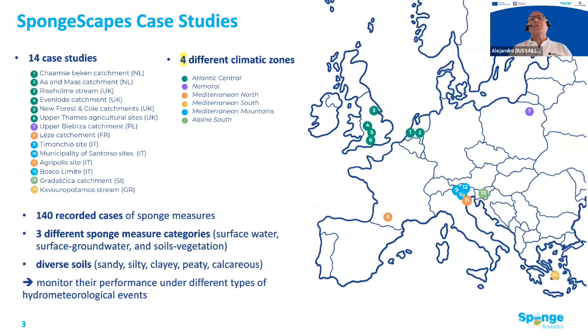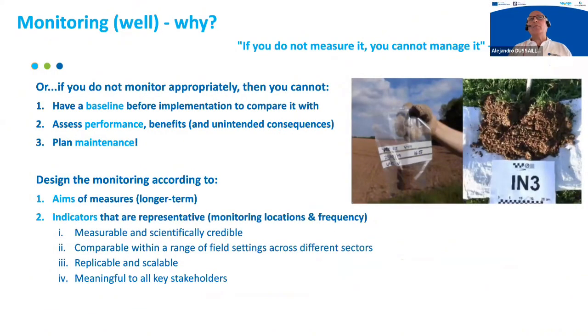And just to remind you, we have 14 case studies across 4 different climatic zones in Europe. And a key aspect of learning from these case studies is to have an adequate monitoring. So why monitor? Well, in general, as the guru of management, Peter Drucker, said many years ago, if you don't measure it, you cannot manage it.